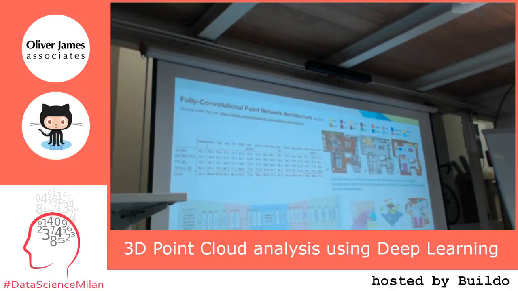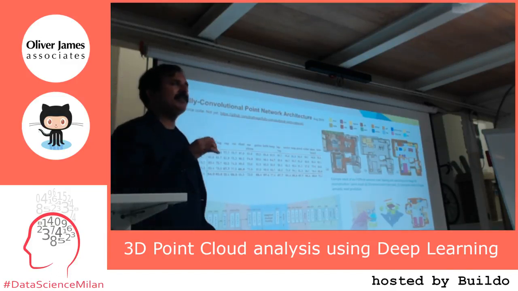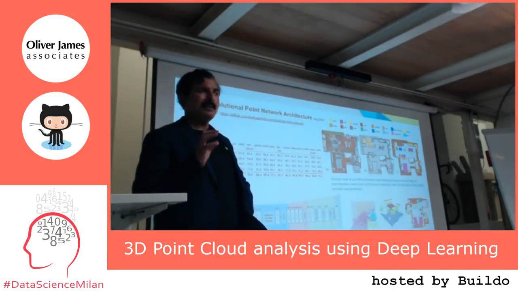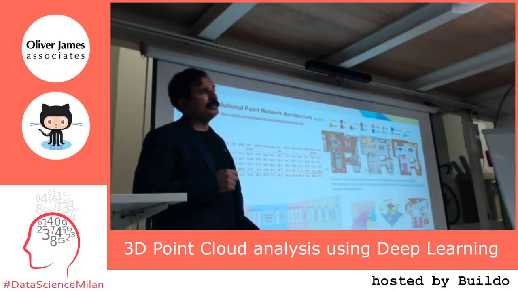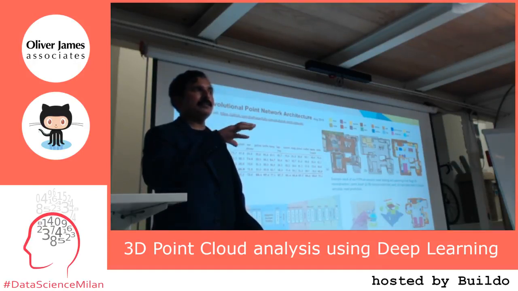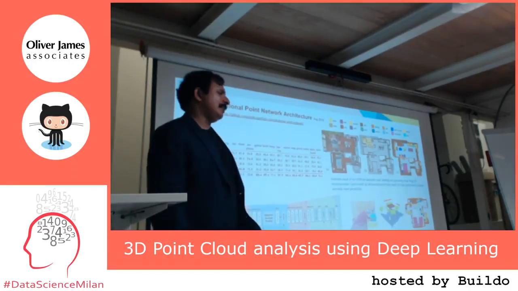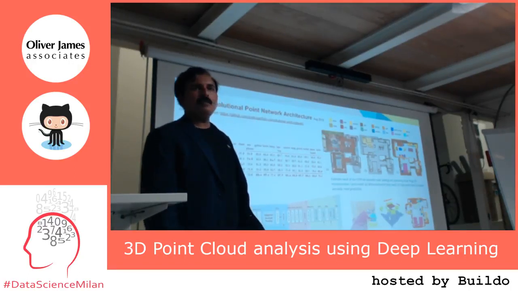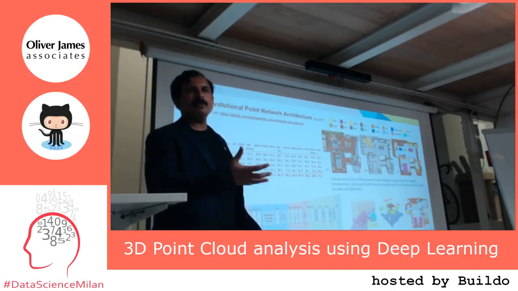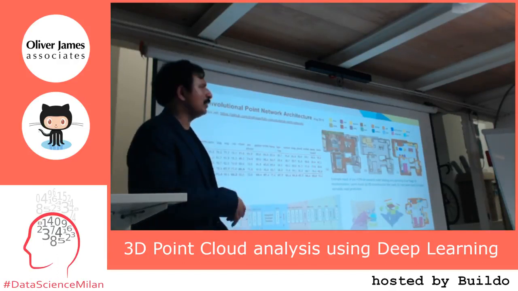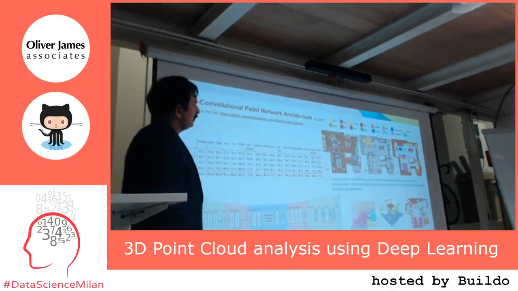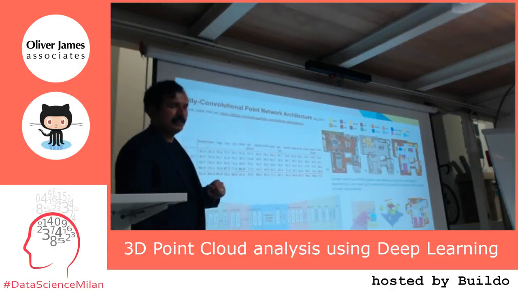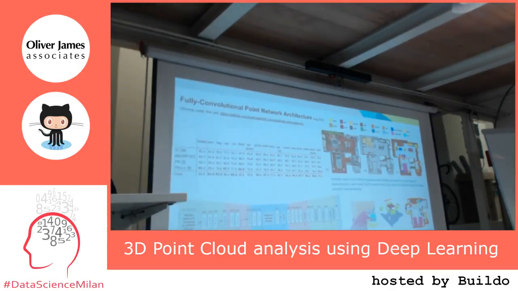Fully convolutional point network is very similar. The interesting part is this model actually does an excellent job for indoor information. If you have offices, if you have a factory, which is in our case, I think it's a huge use case for us, trying to detect objects, especially in an airport or an auditorium or a sports arena, you want the model to understand what's happening, like how many people are walking in, how many cars are being driven, so it can actually identify the indoor solutions.